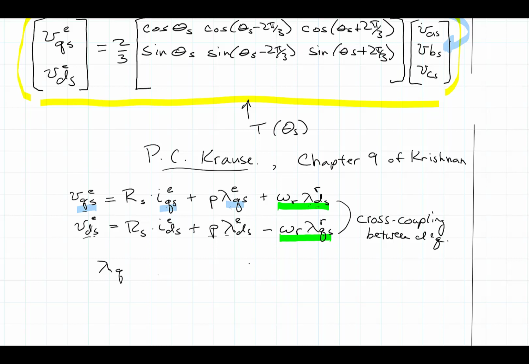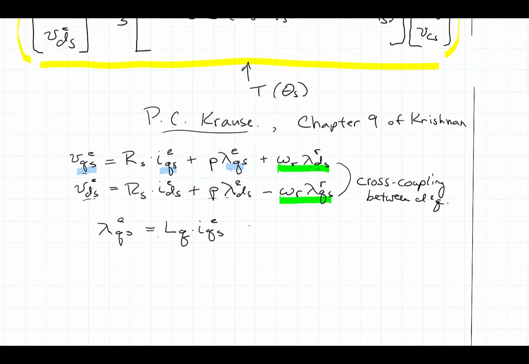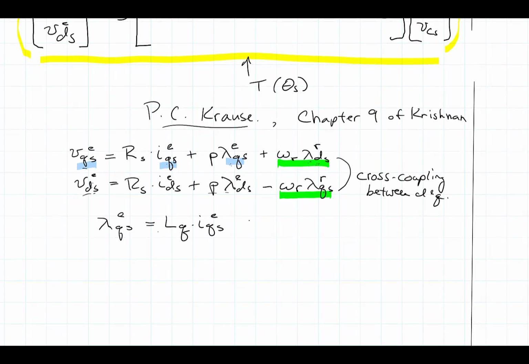The Q winding flux linkage in the synchronous frame will be equal to some inductance called the Q-axis inductance. Now in this case, the inductances can be very different, or they could be the same. It depends on the structure of the machine. So you have LQ times IQS, and that's it.